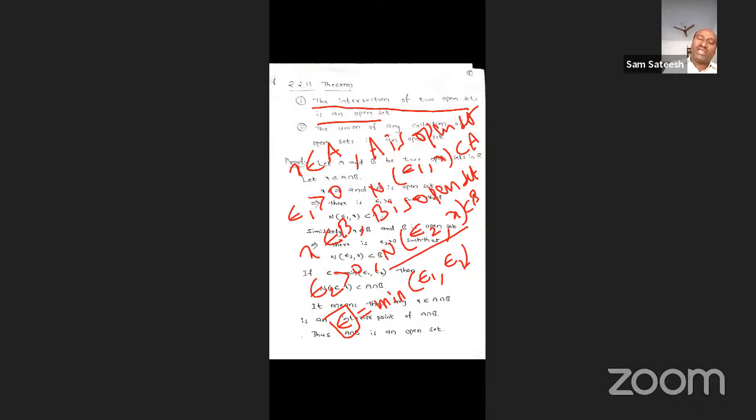Therefore, the new definition: a neighborhood of x is N(epsilon, x), where epsilon is greater than 0.